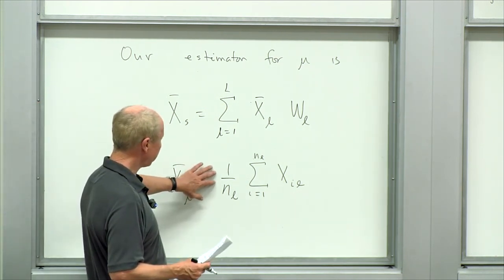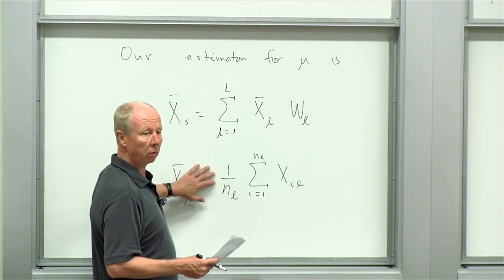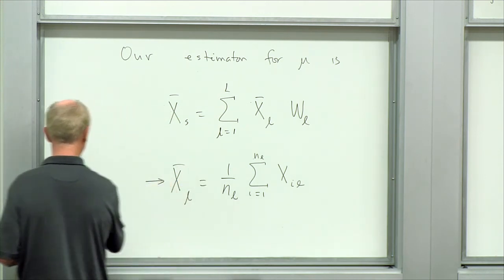So each one of these would be an estimator for mu L, right? This is an unbiased estimator for mu L.